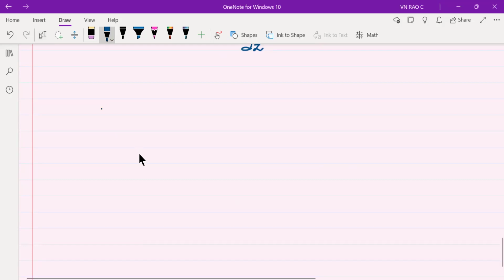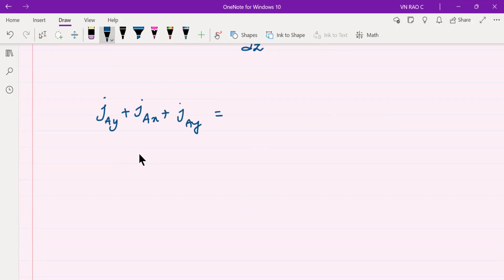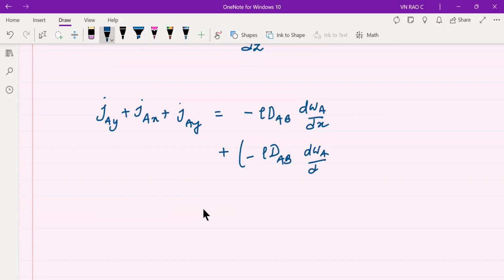So now if I combine J_A,y plus J_A,x plus J_A,z is equal to, what we can actually write in this place is minus rho D_AB dW_A by dx, plus minus rho D_AB dW_A by dy. Sorry, the first one is y actually.